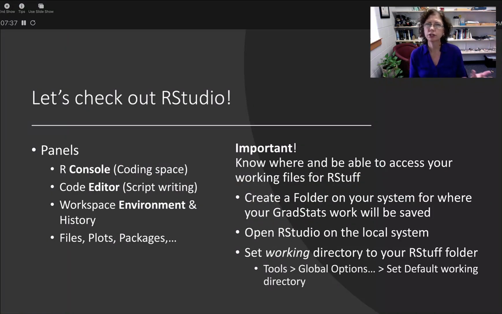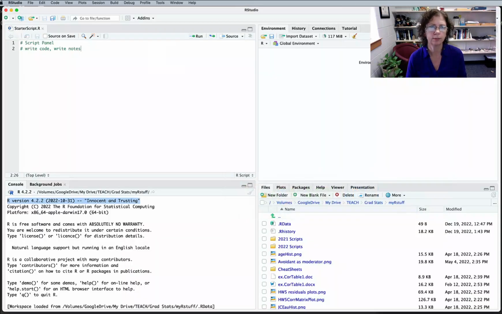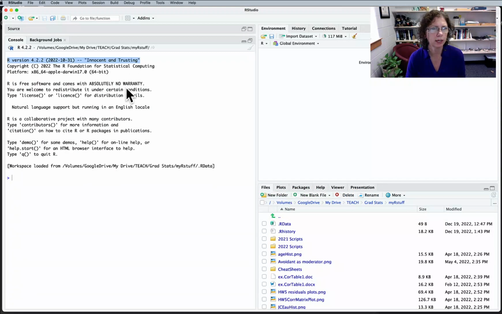Okay, let's just take a look around at the interface. I'll show you from my computer what the panels and the interface look like, and then I'll encourage you to take a little break and go do your installations. Going to RStudio on my system, first, it's going to open kind of like this, where all you see is your console panel and these two panels on the right.